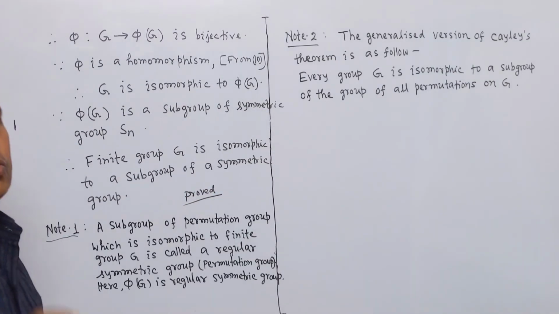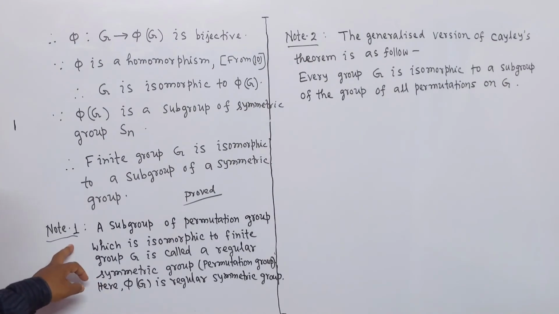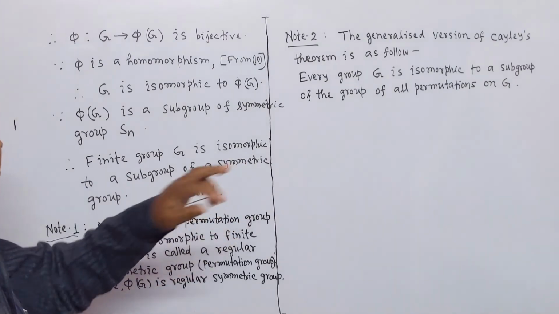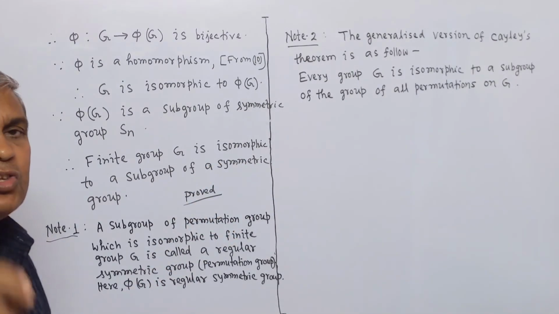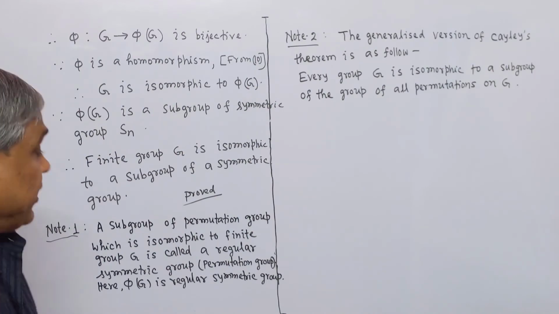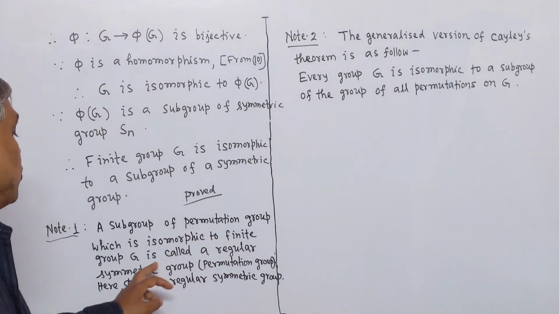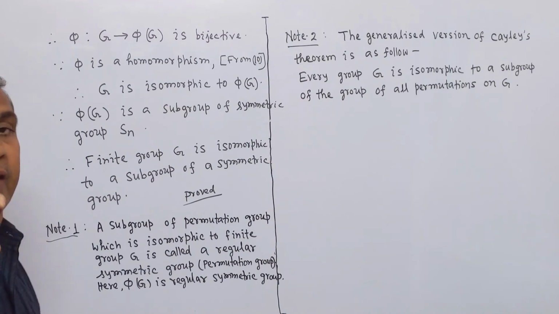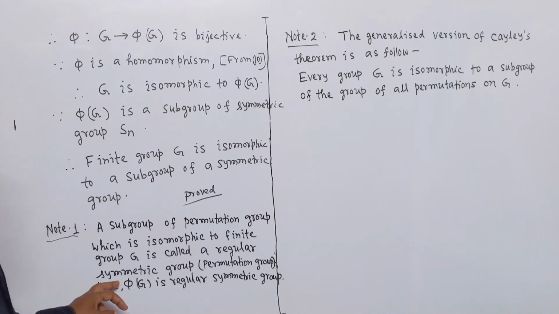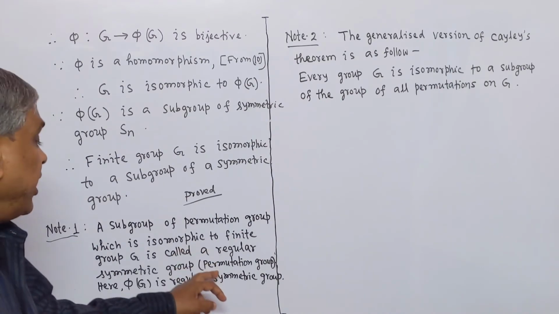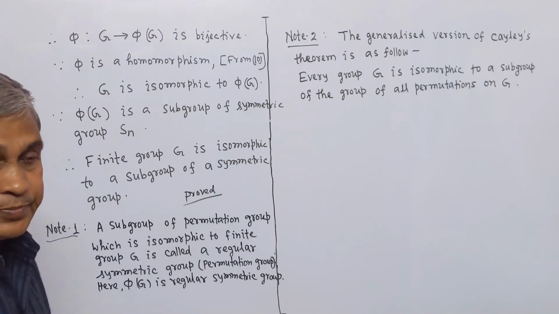We have two notes. Note 1: a subgroup of permutation group which is isomorphic to finite group G is called a regular symmetric group or regular permutation group.